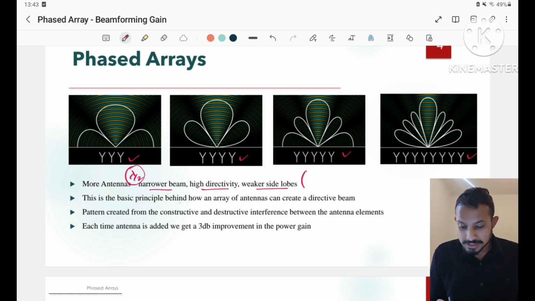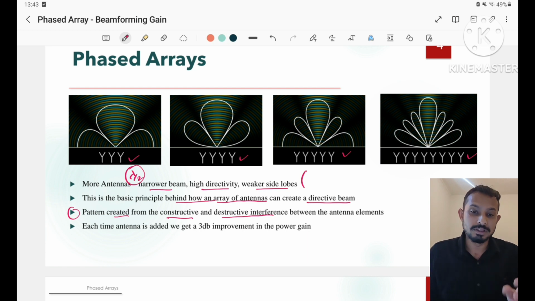This is the basic principle behind how an array of antennas can create a directive beam. A pattern is created from the constructive and destructive interference between the antenna elements, and each time we add an antenna into the array, we get a 3 dB improvement in the power gain.